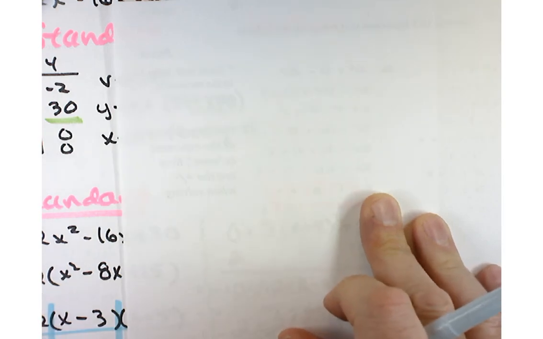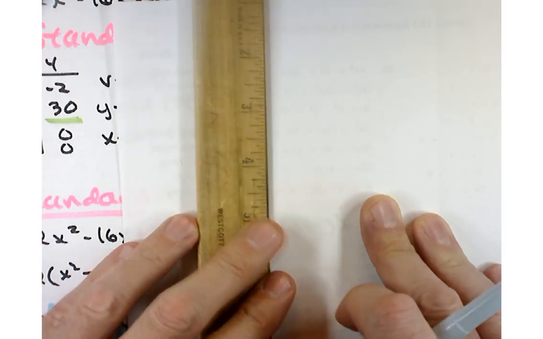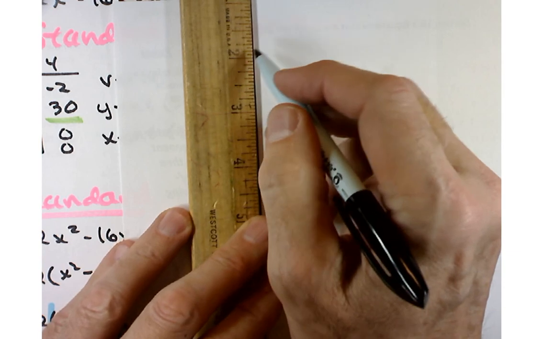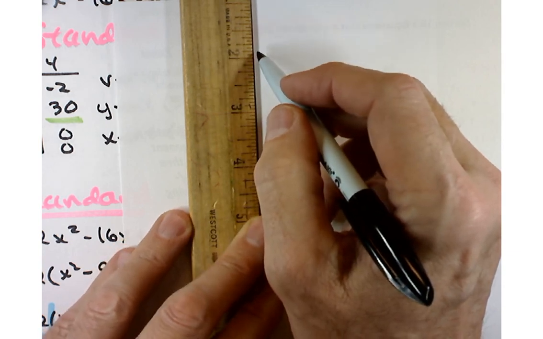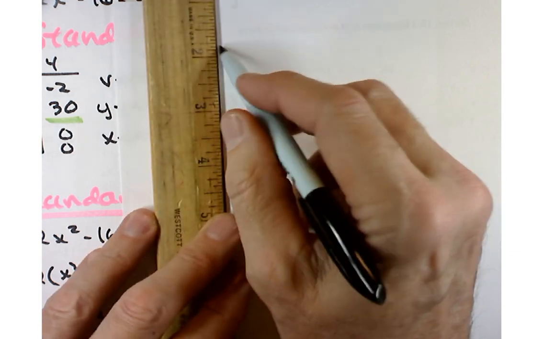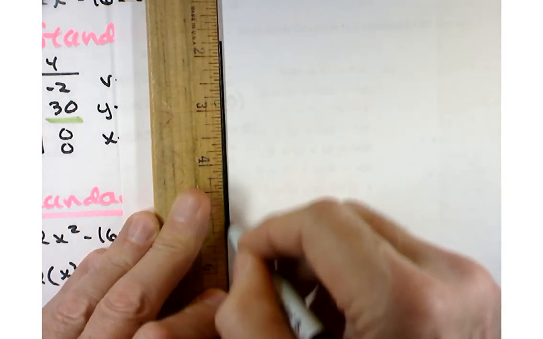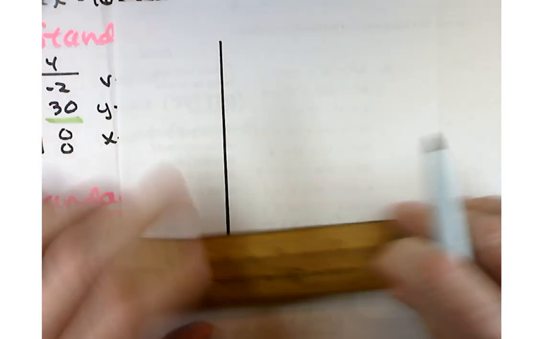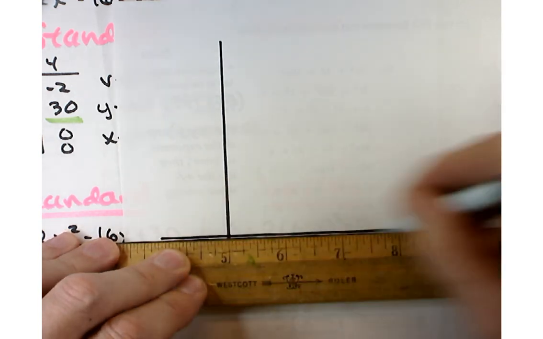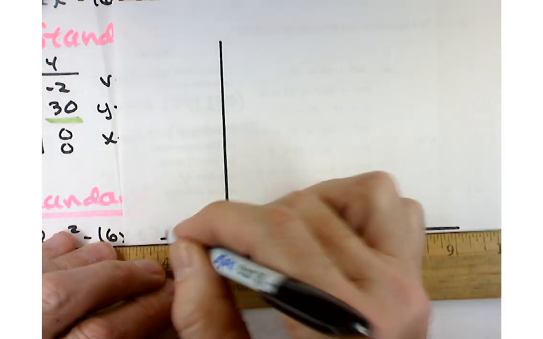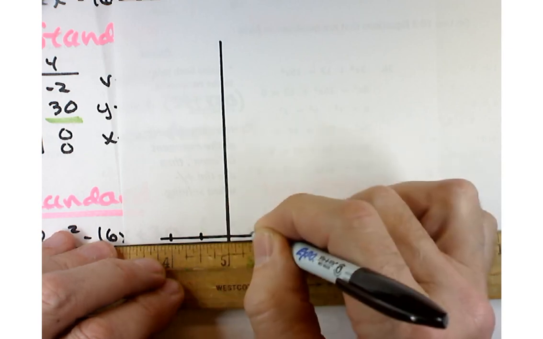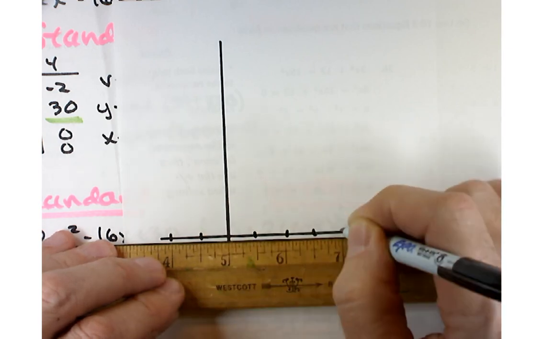And, let's see. Probably this should work good. So 1, 2, 1, 2, 3, 4.